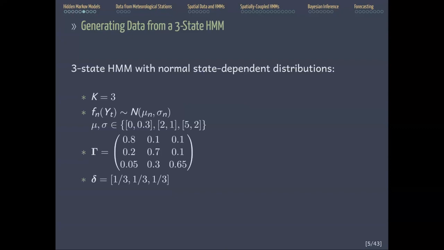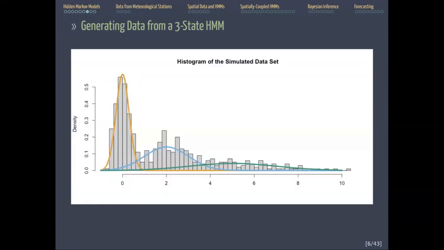So why use a hidden Markov model? From a marginal standpoint, a hidden Markov model is just a dependent mixture model. If you remove the temporal component, you still have the mixture components here: the gold state, the blue state, and the green state.